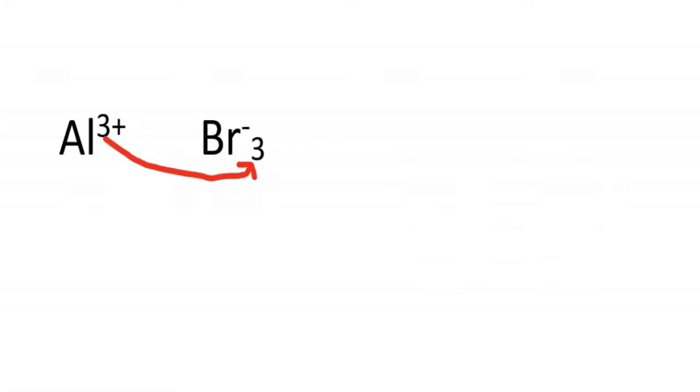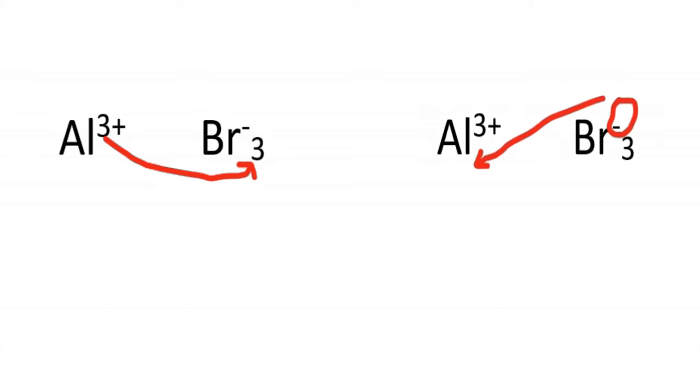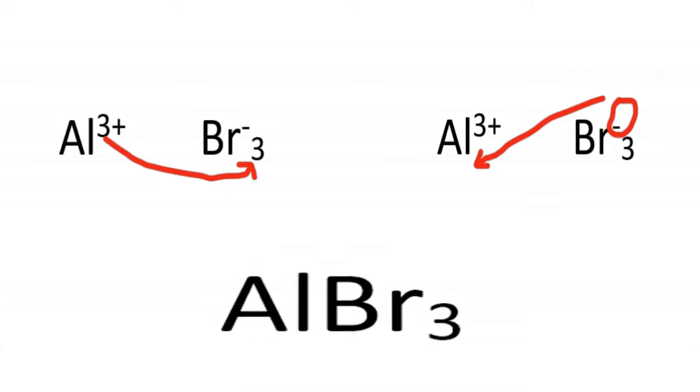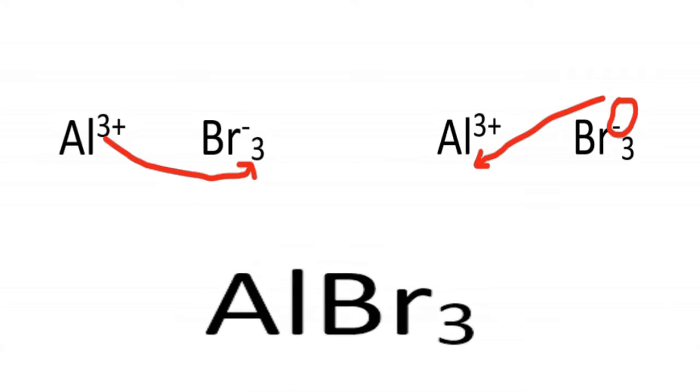We just write the number, but we don't need the charges here, so let's get rid of those. And again, we don't usually write 1 minus. So the chemical formula of aluminum bromide is AlBr3.